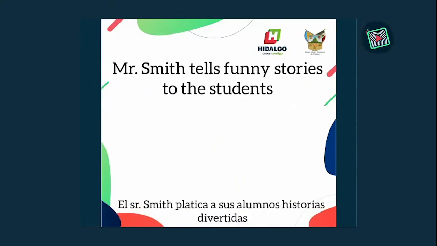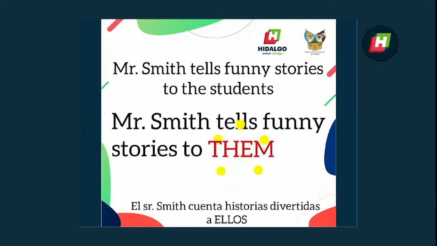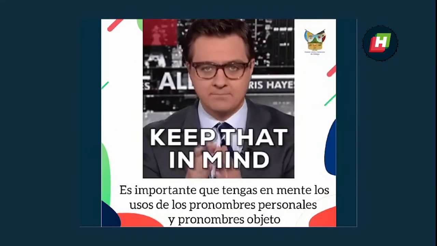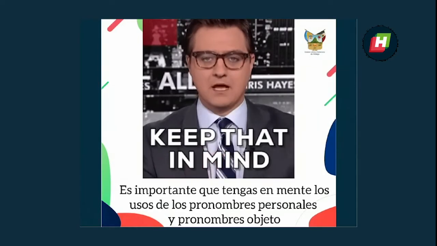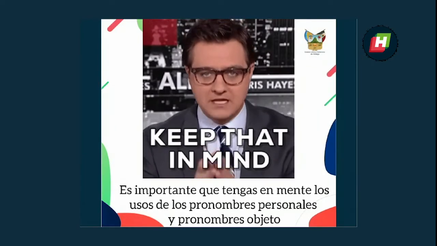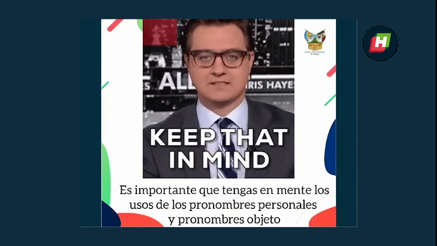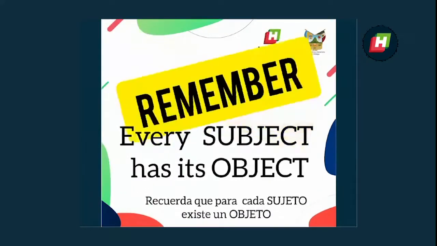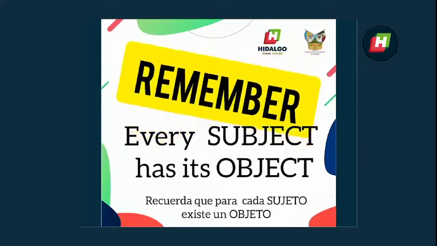Example: Mr. Smith tells funny stories to the students. Mr. Smith tells funny stories to them. It is really important that you keep in mind the uses of the subjects and the objects. It's going to be really helpful in the reported speech. Just remember that every subject has its object, as in the following table.